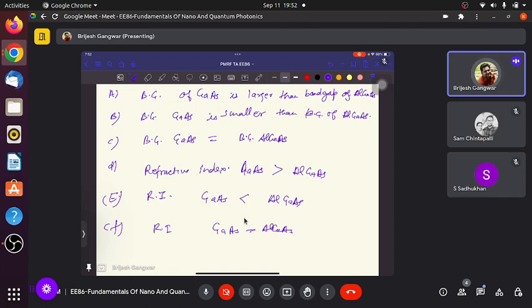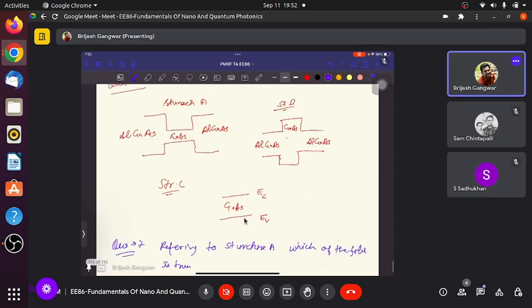So which one will you choose in this structure?